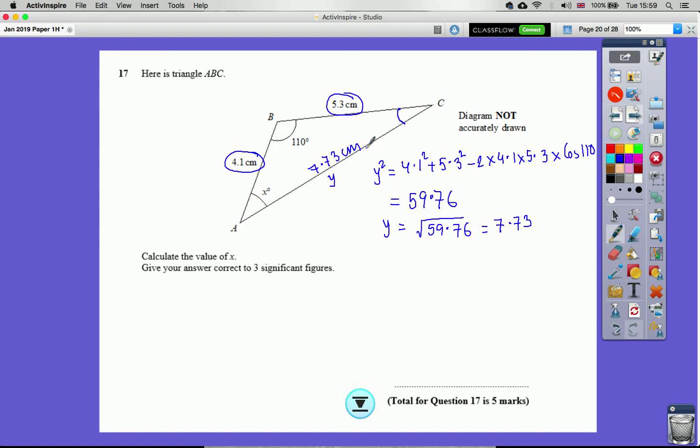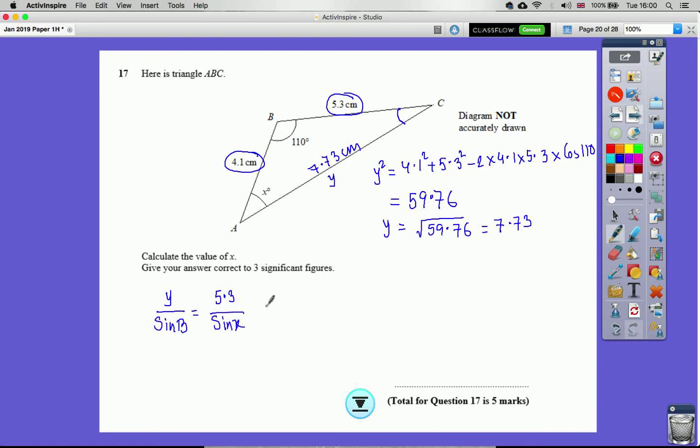Now we are going to use the sine rule. So I will take y over sine of B is going to be 5.3 over sine of x.